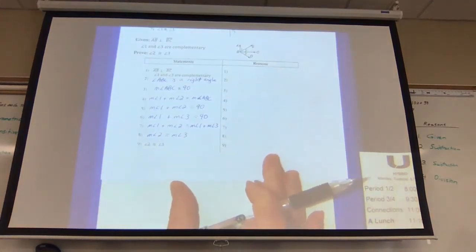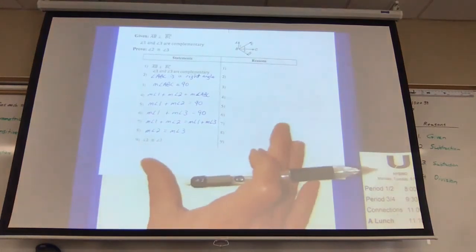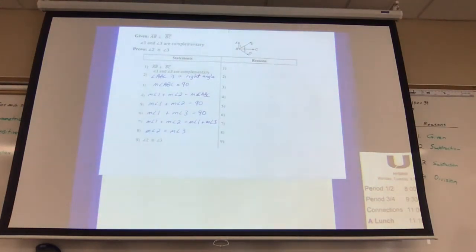And then again, on this one, we are going to fill in all of the reasons. All right, take a look at those. I think you guys can get a couple of these. We'll start with the first one.